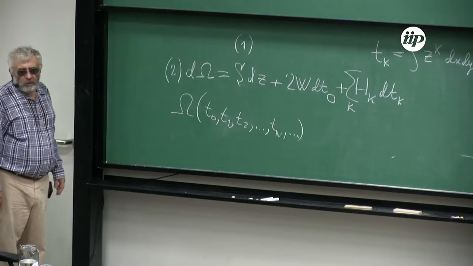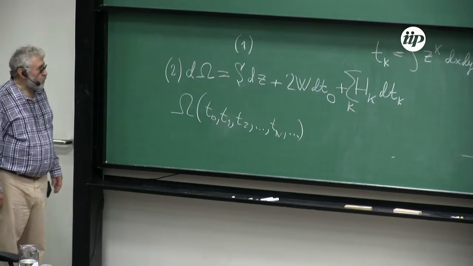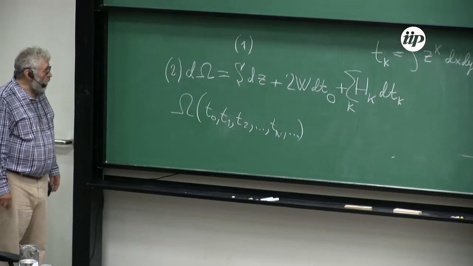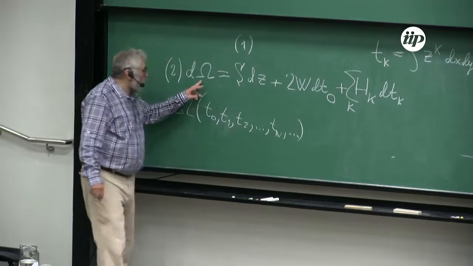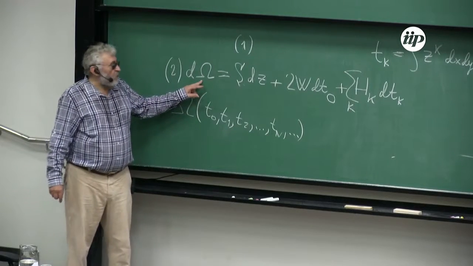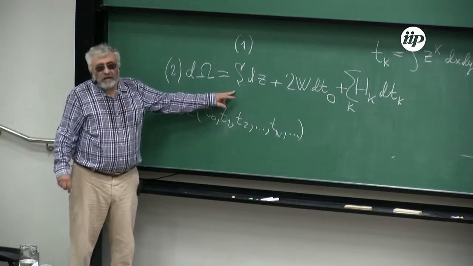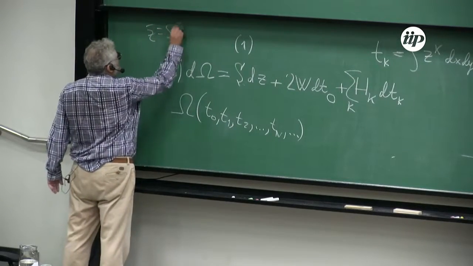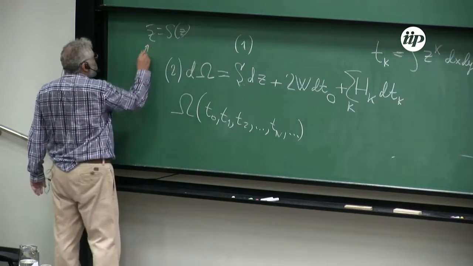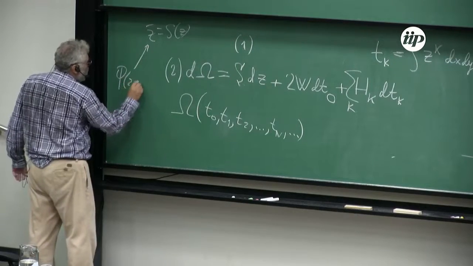This way you introduced Hk. Yeah, no, at this level, I just said that because omega, like the Schwarz function, knows everything about a curve, everything, because it was a solution of this.